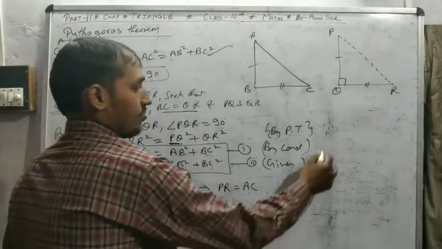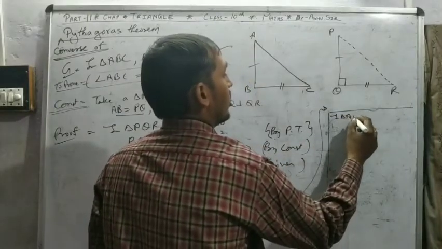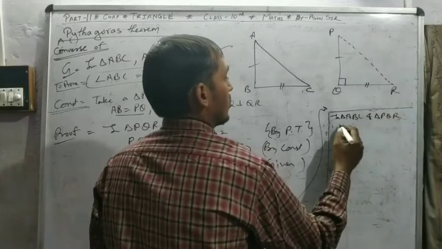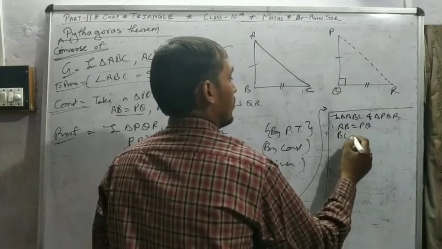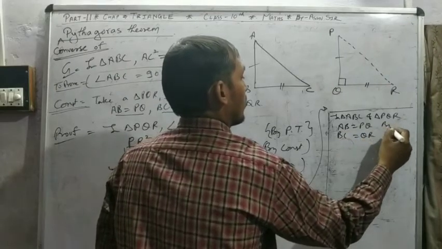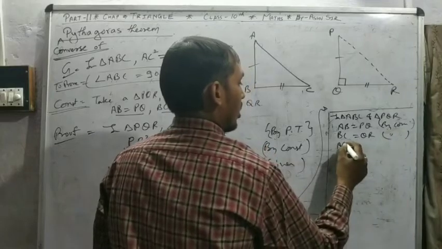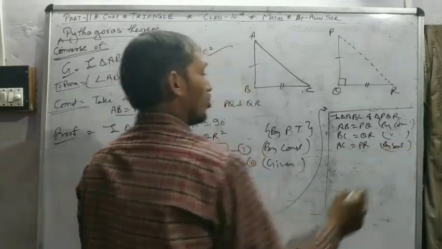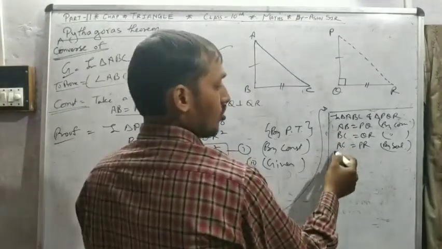Then see here. In triangle ABC and triangle PQR, AB is equal to PQ, BC is equal to QR by construction, and AC is equal to PR by solution. We have to prove them. All three sides equal.